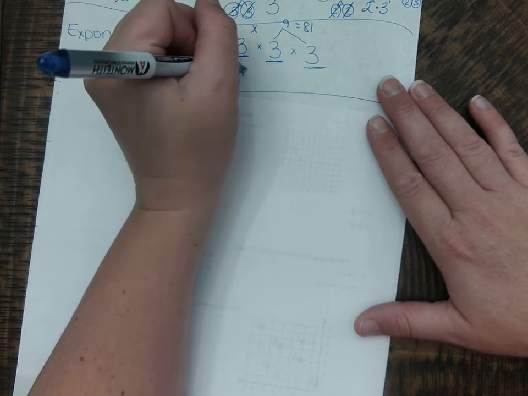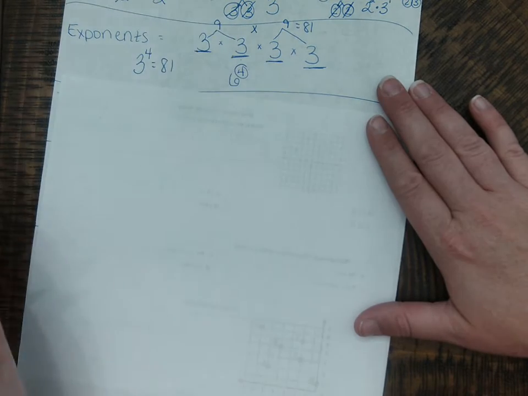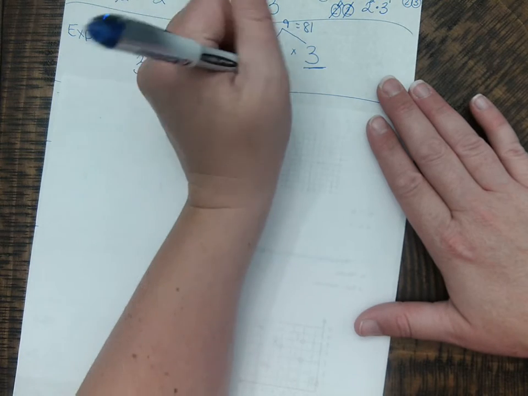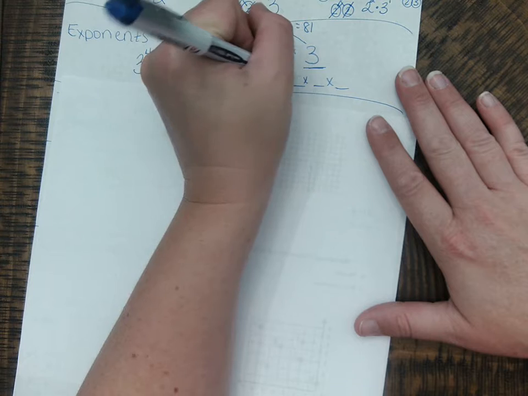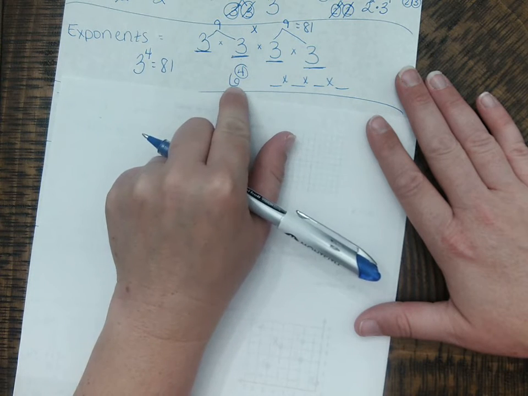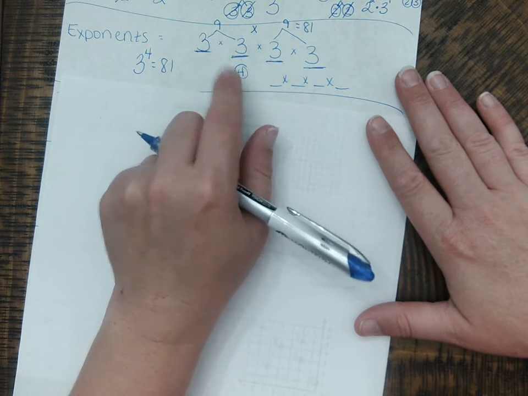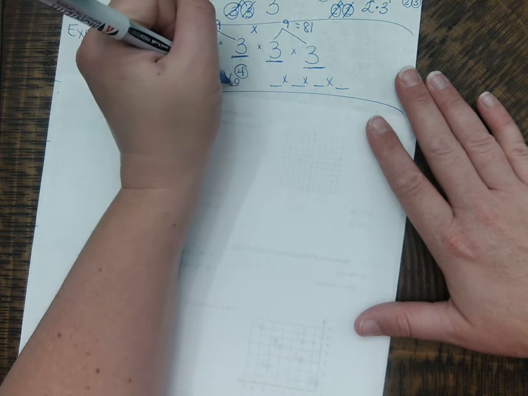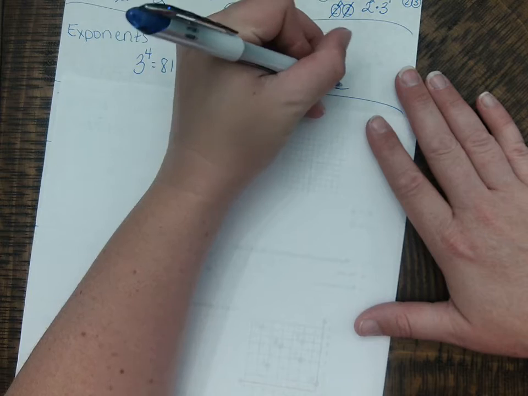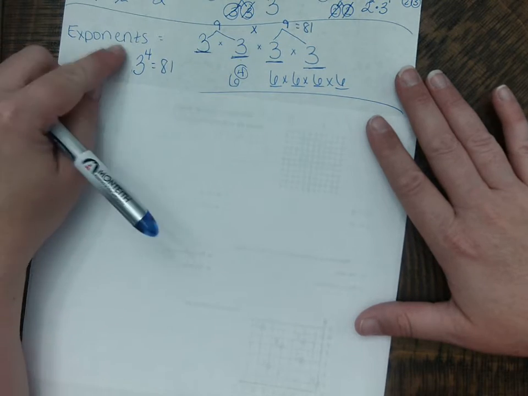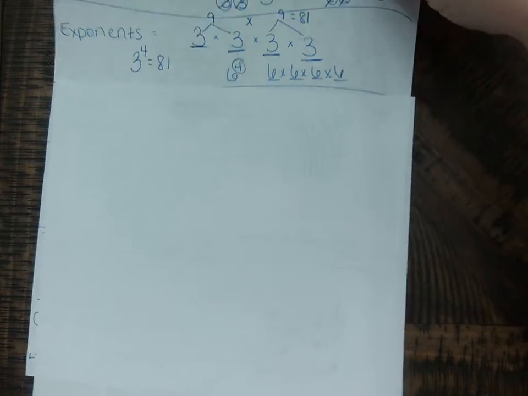Well, I take the exponent, and I see how many times that is. That's a 4, so I have 4 blanks. And the big number, the base, that's what that's called, the base, we write it in the blanks. Base goes in blanks, okay? So you get 6 times 6 times 6 times 6. Okay? That's how we work with exponents.